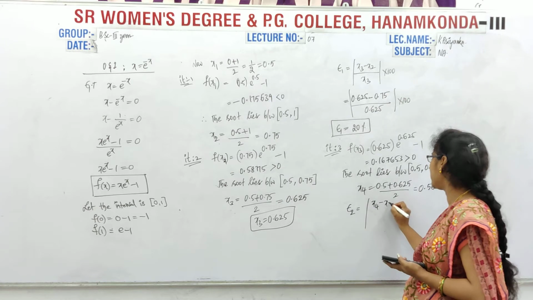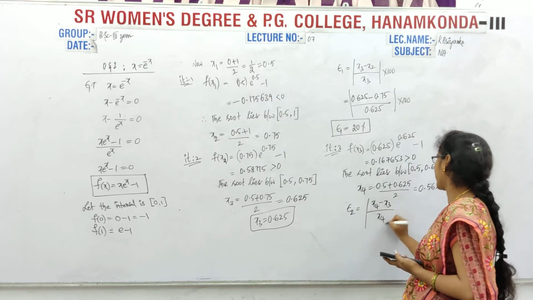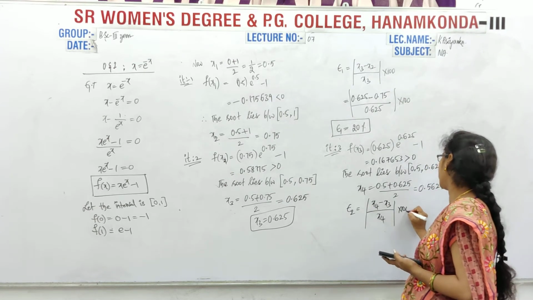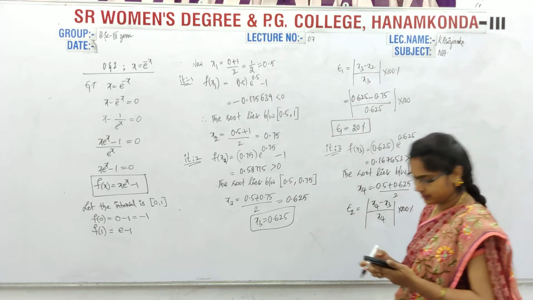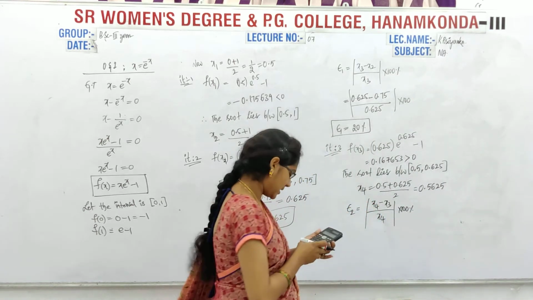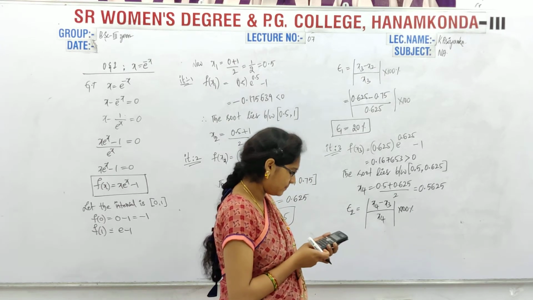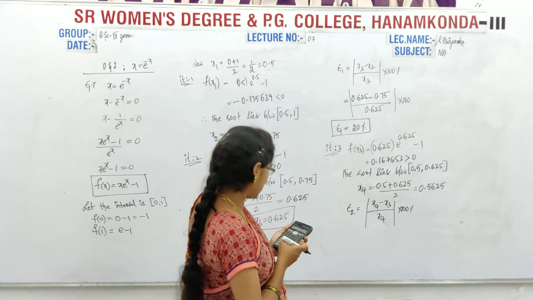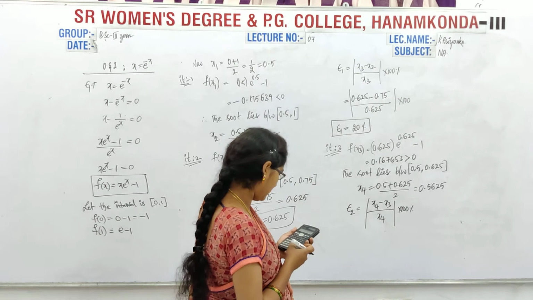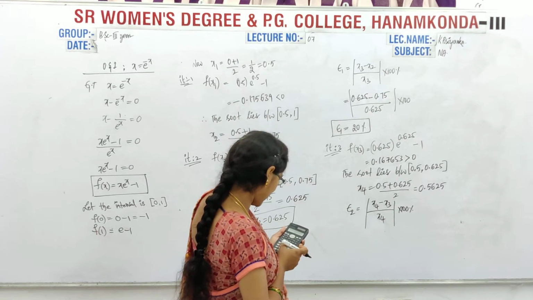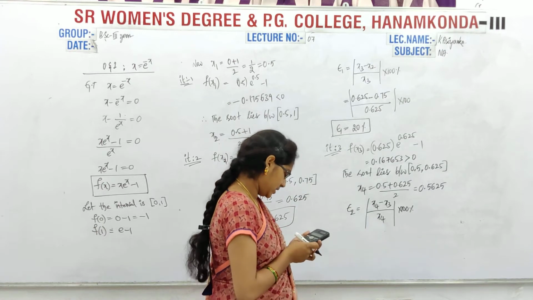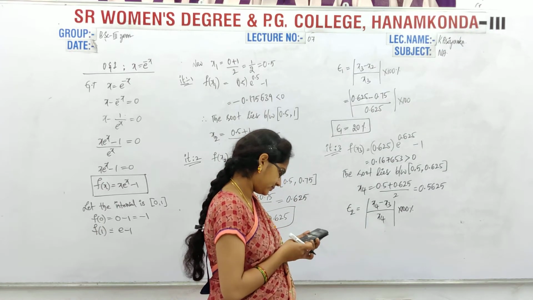Now here error is into 100%. Okay, so now here what we will get? x4 is directly I am taking 0.5625 minus x3 is 0.625 divided by x4, 0.5625 into 100.